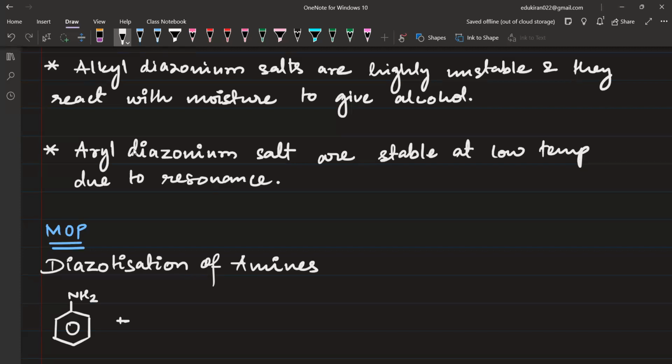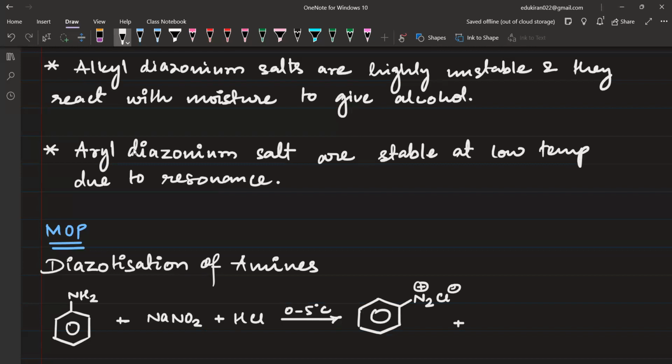Now aniline, that is NH2, it reacts with sodium nitrite plus HCl in the presence of low temperature 0 to 5 degrees Celsius. It is going to give you benzene diazonium chloride, plus it gives NaCl and water.